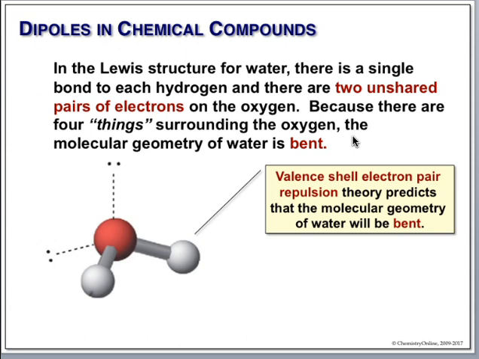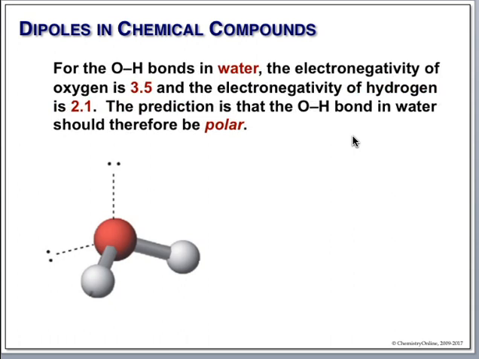Let's look at the electronegativities of hydrogen and oxygen. Hydrogen is about 2-ish. Oxygen is 3.5. Much more electronegative. Now, what that means is that there's a dipole from here up to here, and here to here. So each covalent bond has its own separate little dipole.